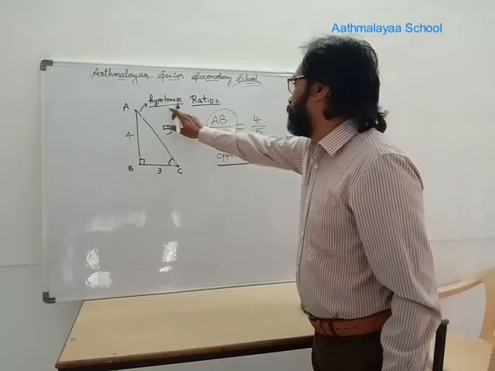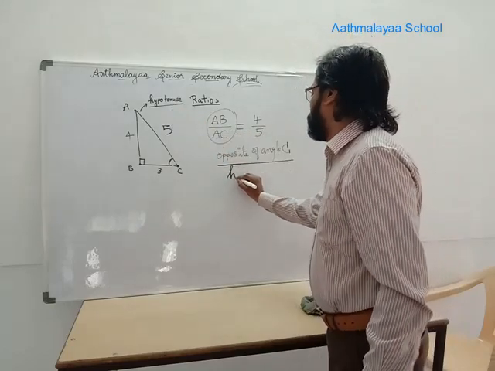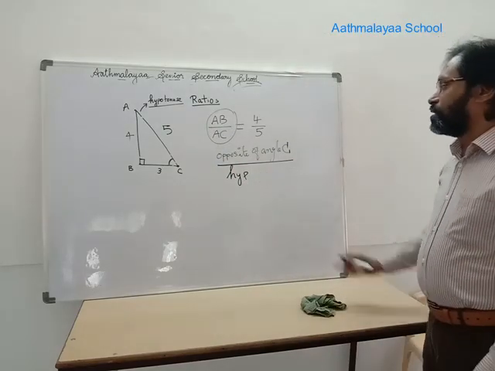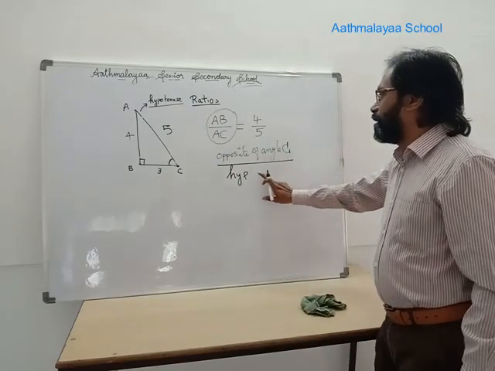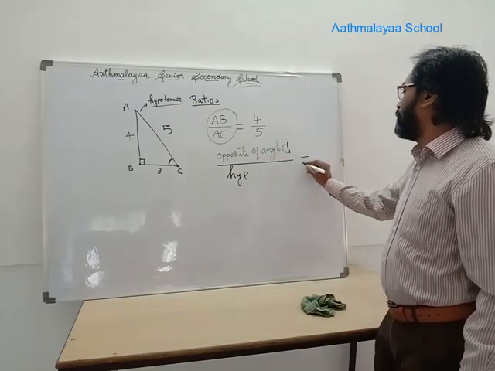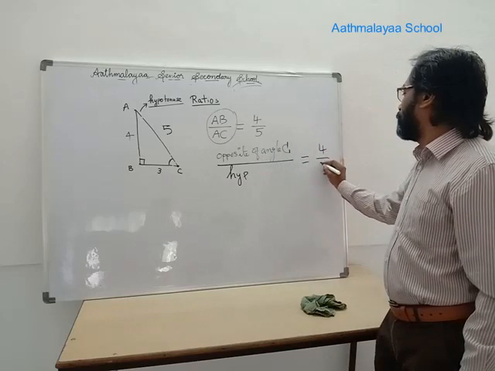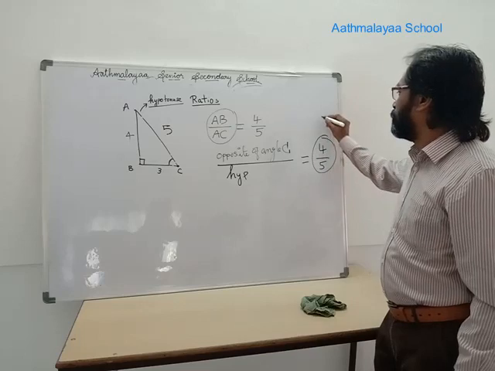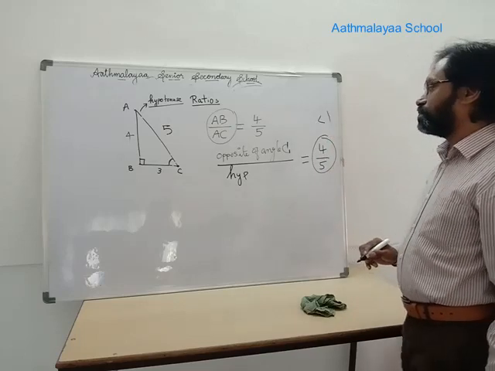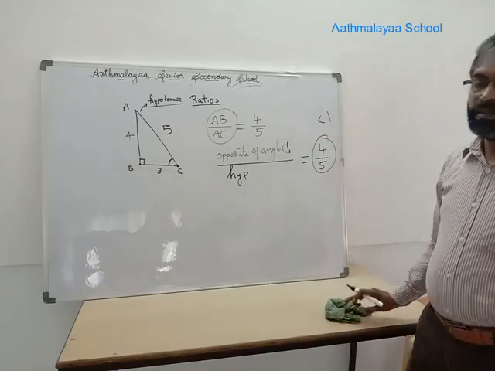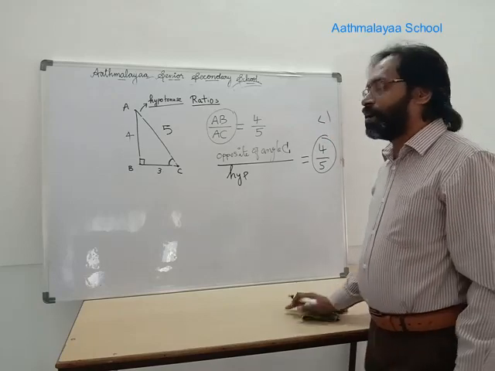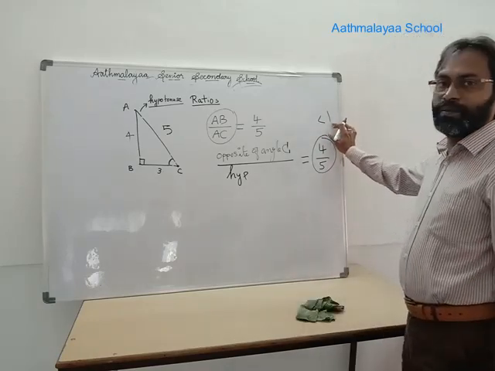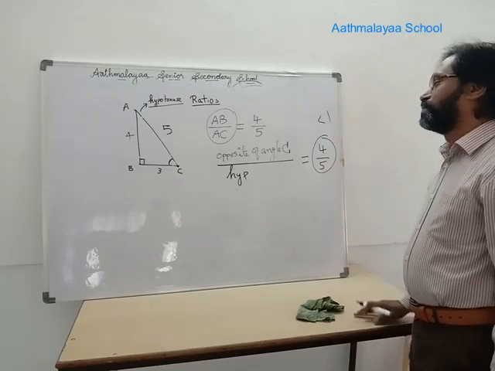What is that? Hypotenuse. I put hypotenuse. So opposite of angle C divided by hypotenuse, and we have a ratio, and that ratio is 4 by 5, and I have already discussed that this 4 by 5 is less than 1, and it is always true. Whenever we divide a small number by a bigger number, you will have only less than 1, you will not have greater than 1.